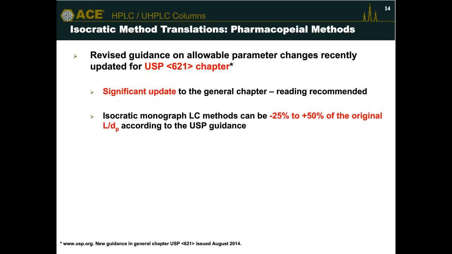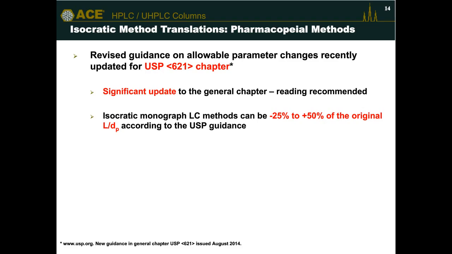So in terms of what the pharmacopoeia lets us do with our methods, some of these USP methods were written some time ago and have very long run times. So we'd quite like to speed those up. In 2014, there was a big update to the monograph that allows you to actually use these translation principles for isocratic methods.